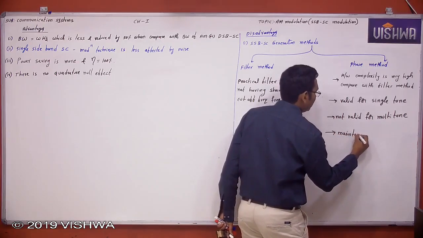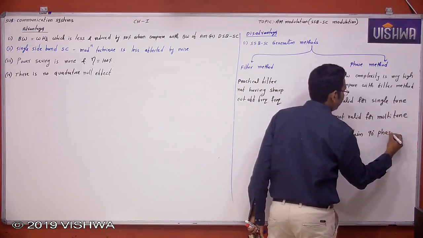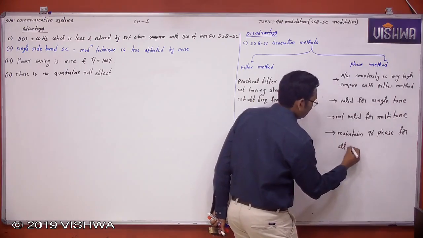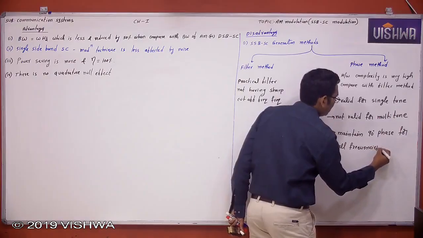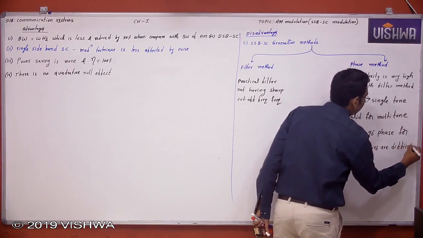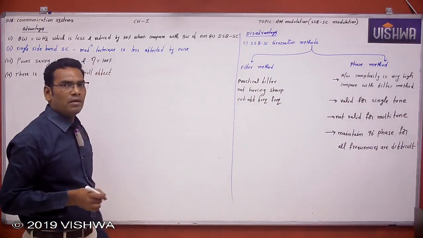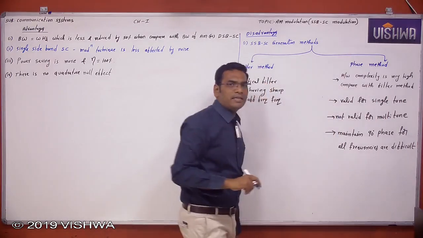Maintaining a 90 degree phase shift for all frequencies is difficult. These are the problems we face in the filter method as well as the phase discrimination method.